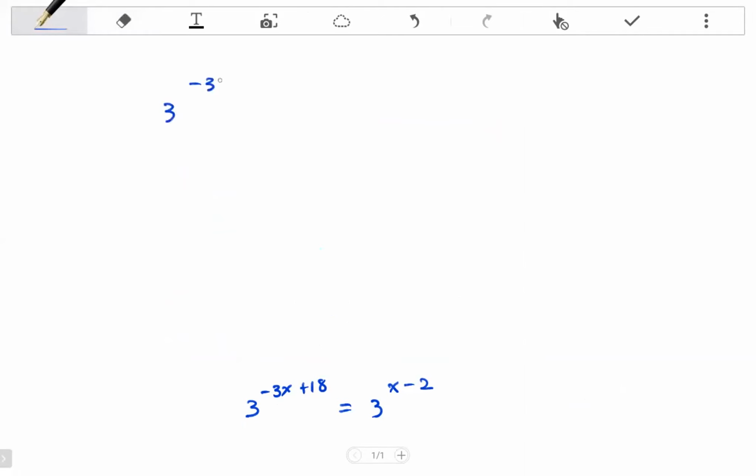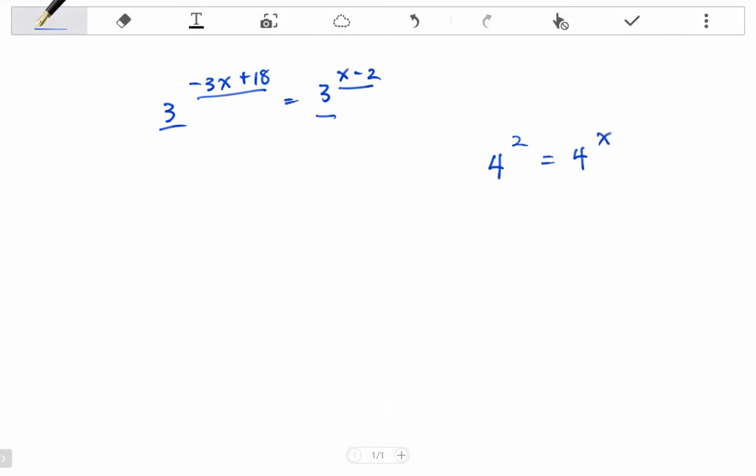So we're left with this, 3 to the x minus 2. Let's look at this. How can we simplify this further? Our bases are the same, but our exponents are different. Let's say 4 to the 2 equals 4 to the x, to give an example, x has to be 2 here, right?